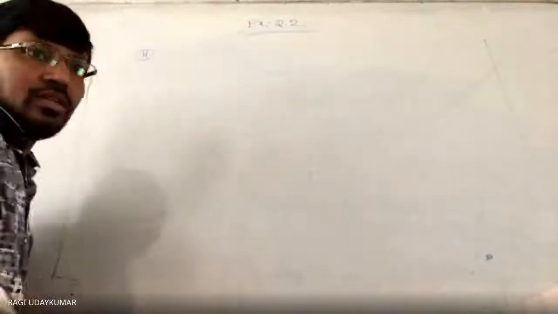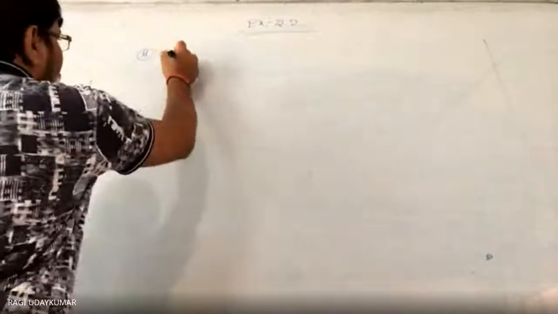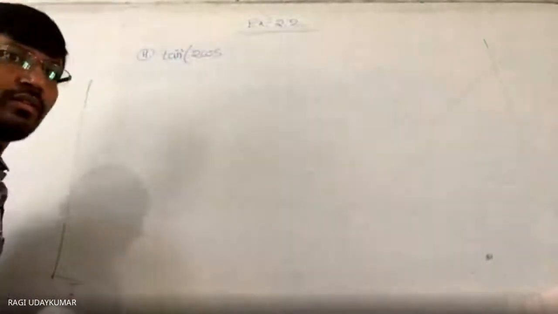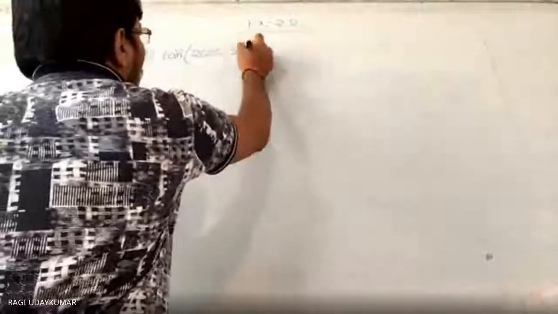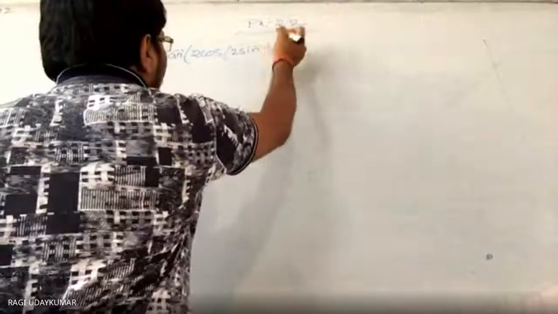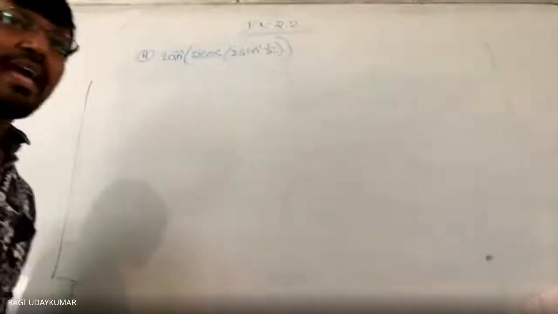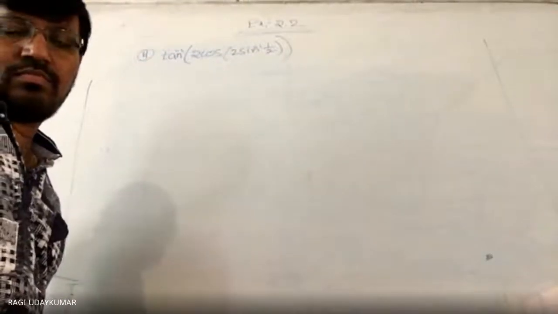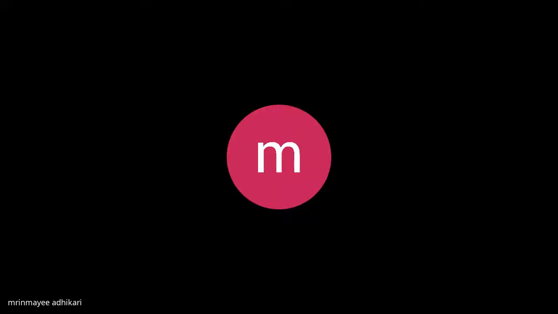Eleventh one: tan inverse of 2 cos (2 sin inverse 1 by 2). It is simple. Sin inverse 1 by 2 value, what do you get? Sir, pi by 6.